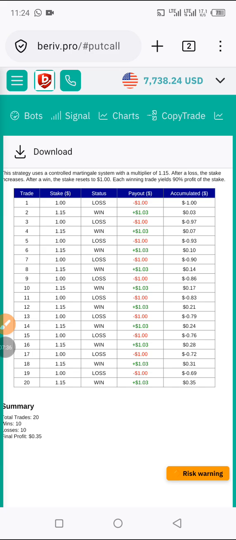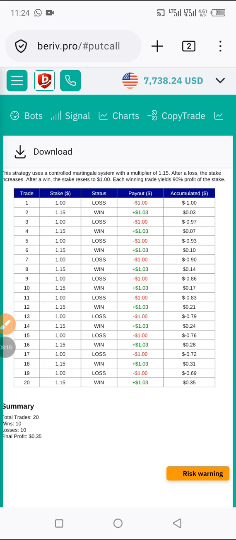Okay, so the trade one and a stake of $1. The first trade was lost, and then the payout, which means a loss of $1, and then accumulated profit. So the accumulated profit, we are saying the total profit of all the trades. So when we lose the first trade, we increase the stake to $1.5 using the multiplier, which means we are saying the previous stake times the multiplier of 1.5, which means the next stake is now $1.5.